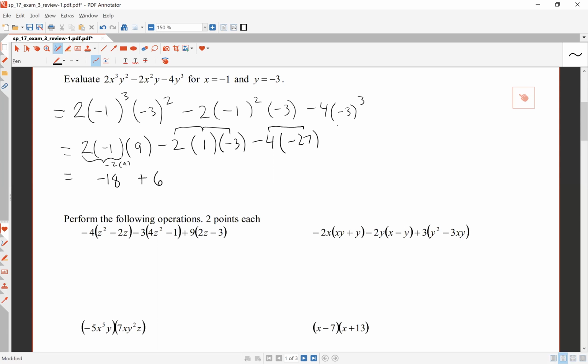And -4 times -27 is 108. 6 plus 108 is 114, and 114 minus 18 is 96.